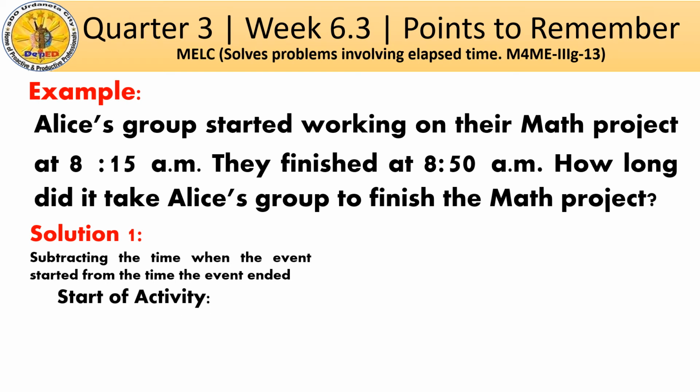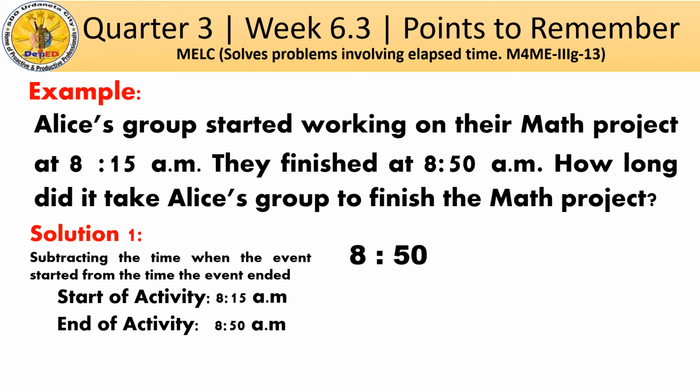Based from the given word problem, the start of activity or the time started is 8:15 a.m. The end of activity or the time ended is 8:50 a.m. So, time ended minus time started. So, for step 1, subtract the minutes.